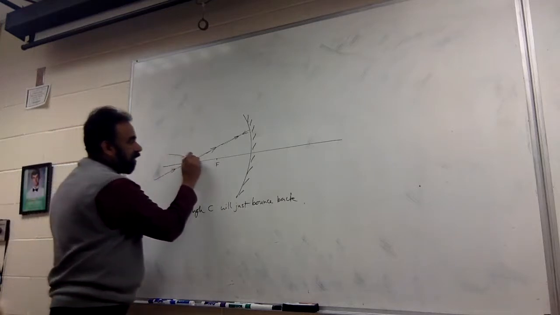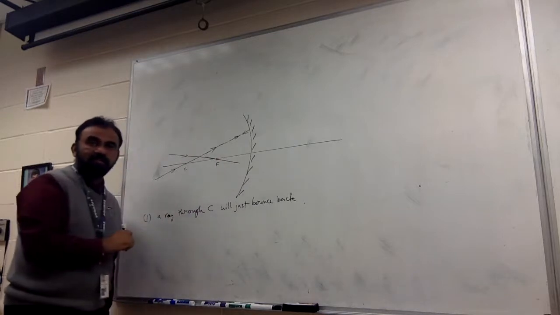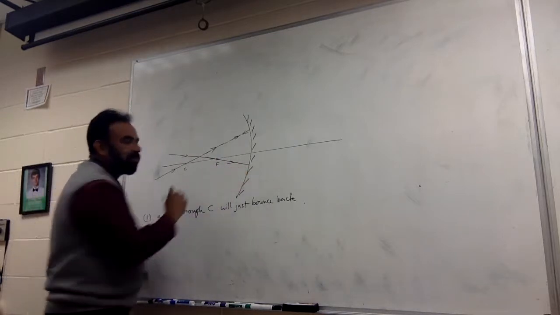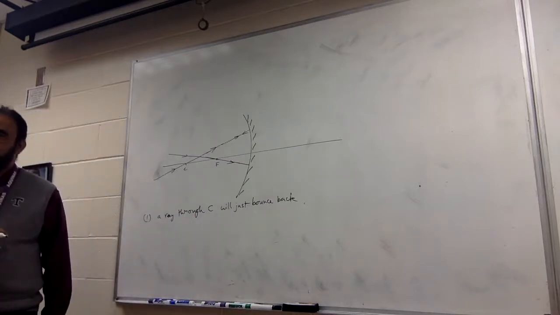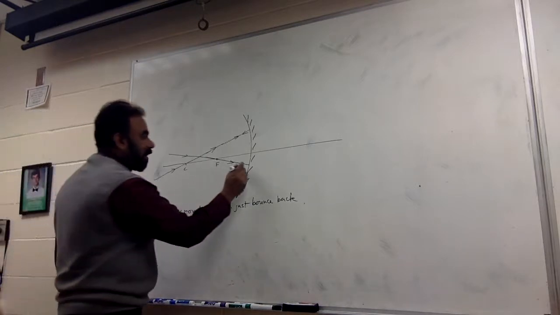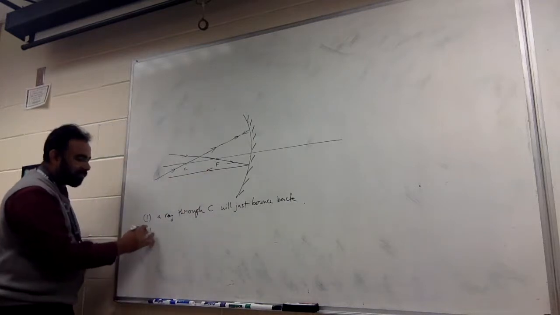Another ray you can draw is a ray that's going through the focus. After hitting the mirror, what should happen to it? It will be rendered parallel. That is the second ray.